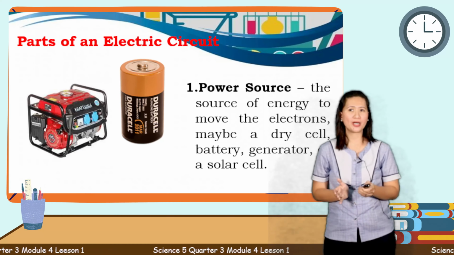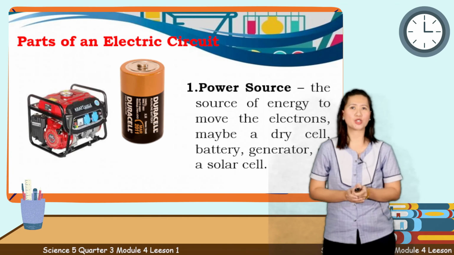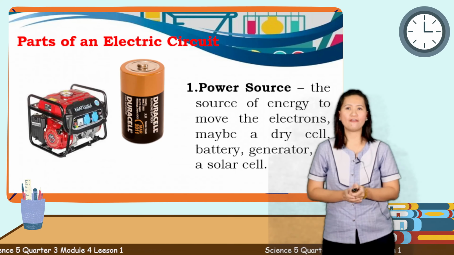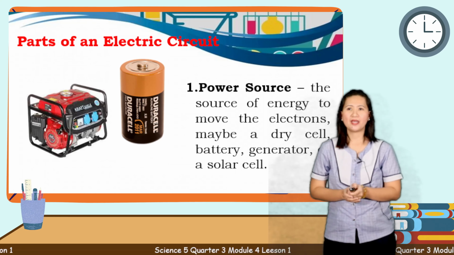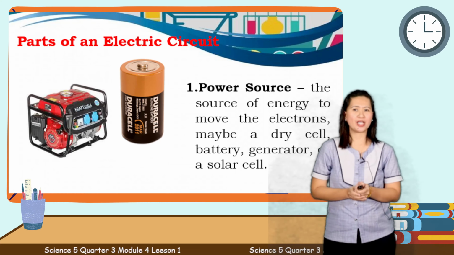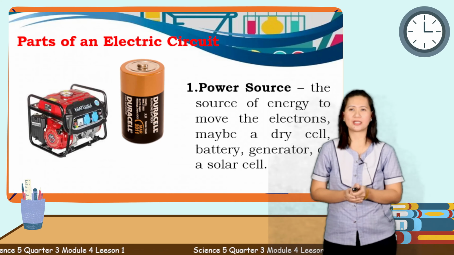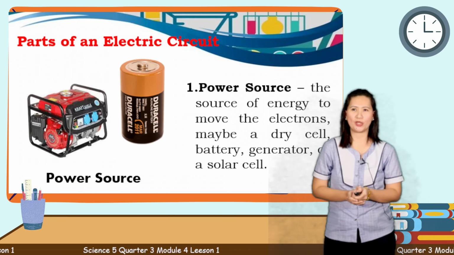What are the parts of an electric circuit? Number one, we have the power source. The source of energy to move the electrons may be a dry cell, a battery, a generator, or a solar cell. So here are the examples of power source.